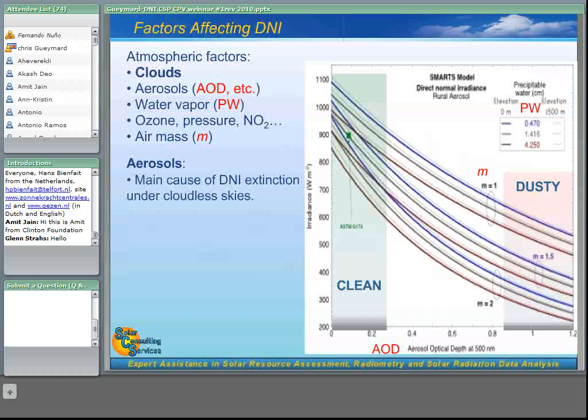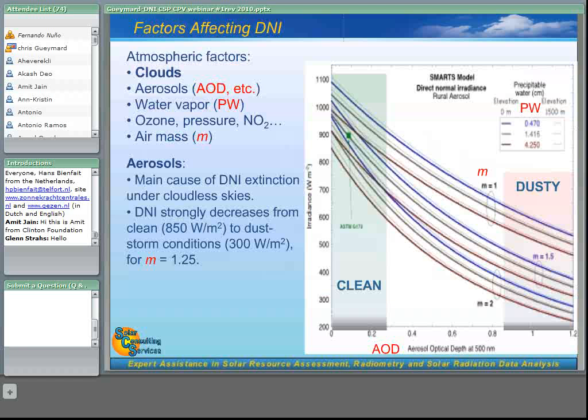So about aerosols, they are the main cause of DNI extinction under cloudless skies. And for example, if you were to build a CSP or CPV plant in some areas affected by dust, like the Sahara, for example, or some parts of Asia, you would have this issue that going from a clean day to a very dusty day, your DNI will drop a lot.